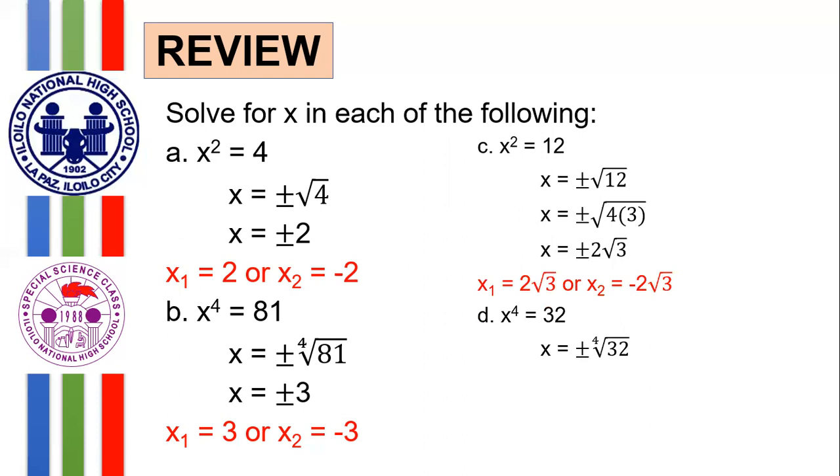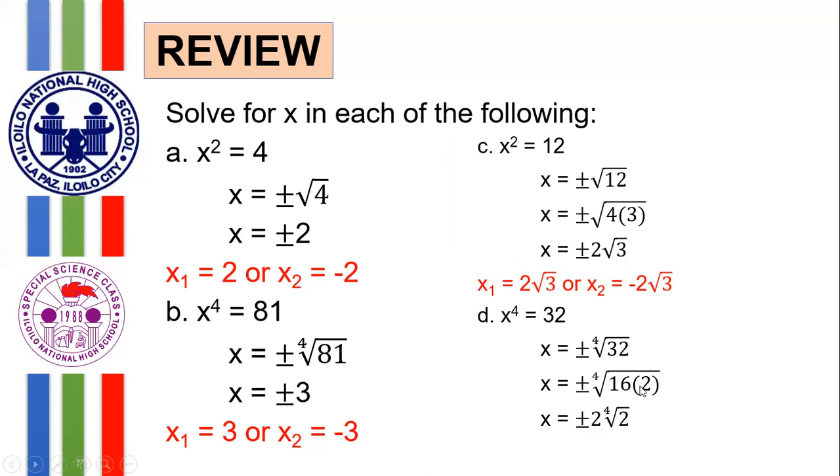But remember, 32 is not a perfect fourth power, but it has 16 as the largest perfect fourth power factor. Hence, the 32 there is expressed as 16 times 2. The fourth root of 16 is 2. And so we have here plus minus 2.